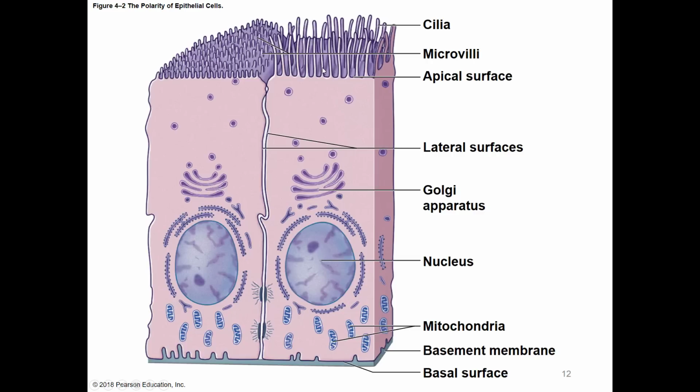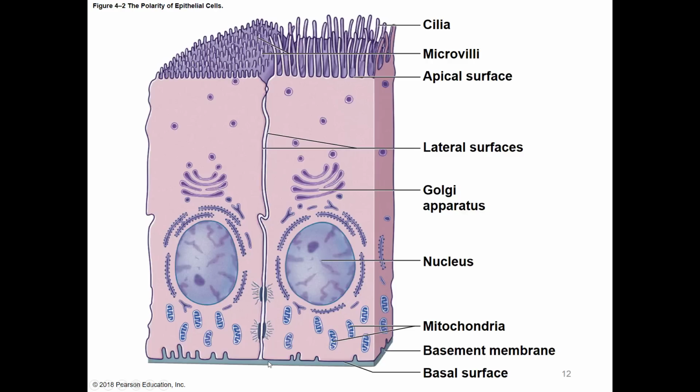If this were, for example, in the intestines, then the apical surface would face the hollow inside of the intestine. If this were from the skin, which it isn't, the apical surface would be what you touch if you're touching your own skin.